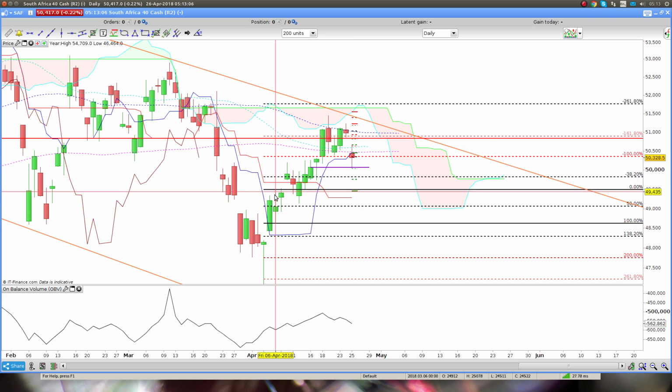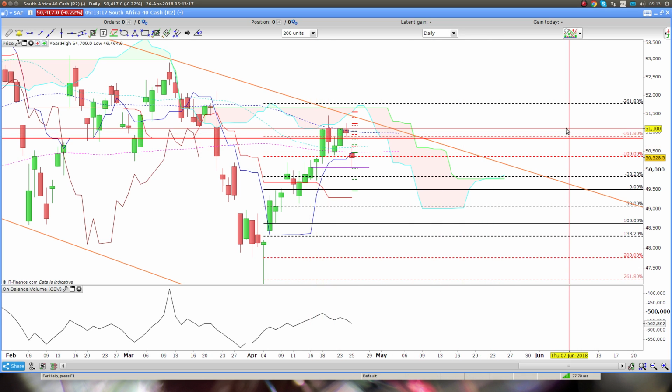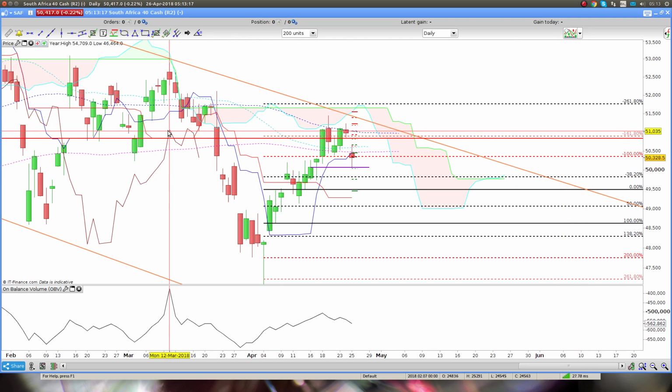There's one there, and you can see how we broke up, found some resistance at the 38.2% extension of the range, then we got the first target, just blew past it, and found some support and resistance at the 161.8% extension of that range. So you can see how these range bars are often traded as a range.